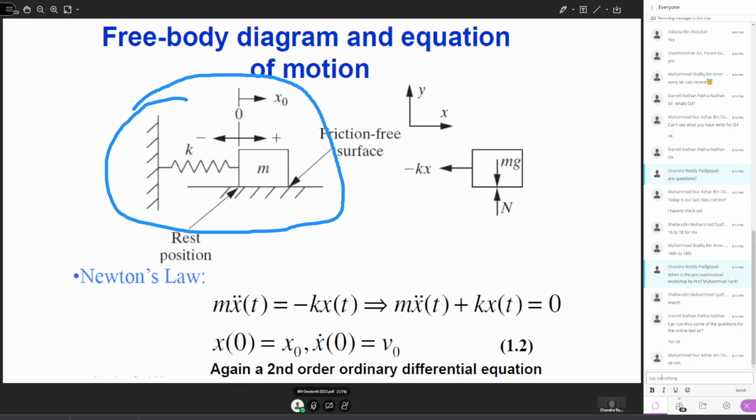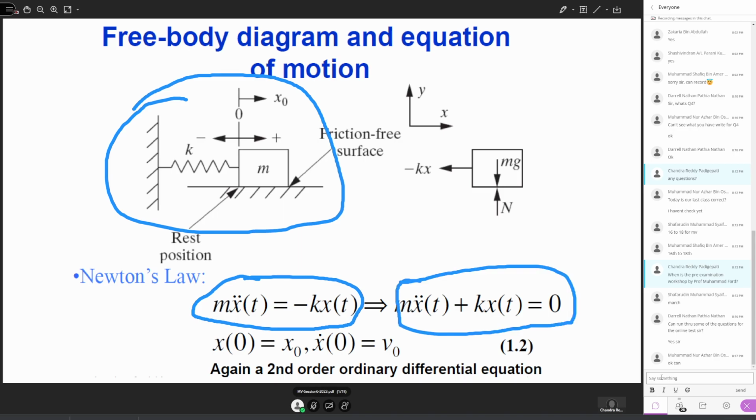For a simple spring and mass system, you can write Newton's law as the net force acting on the mass is equal to the spring force. This will be your equation of motion. The right hand side is 0 because we do not have any external force.